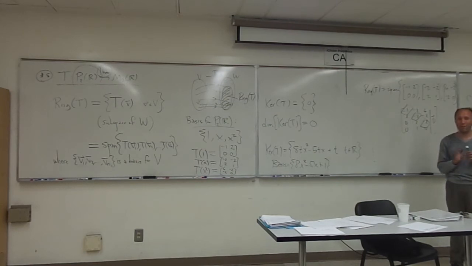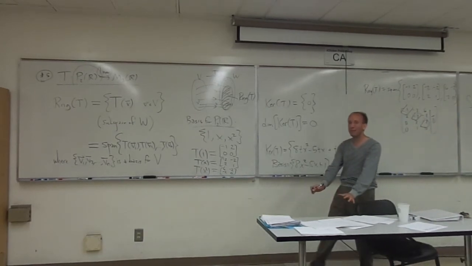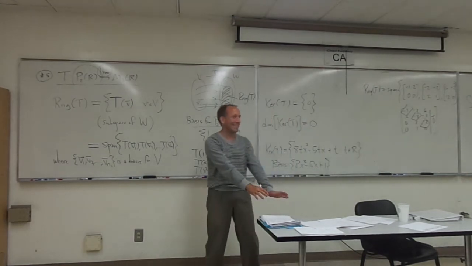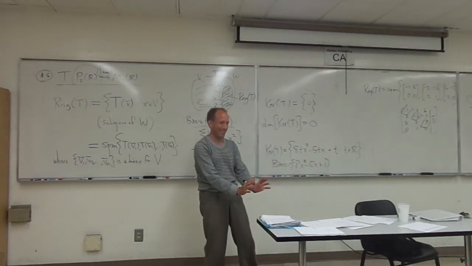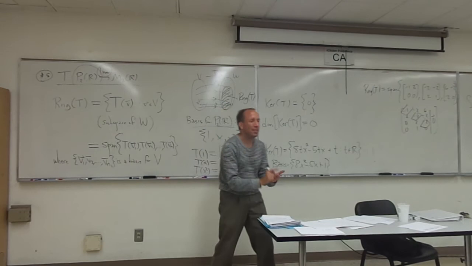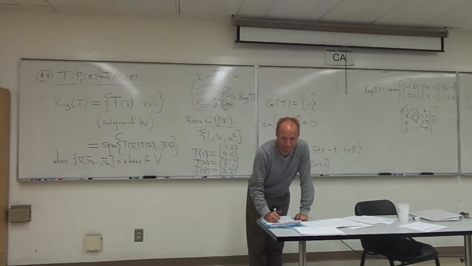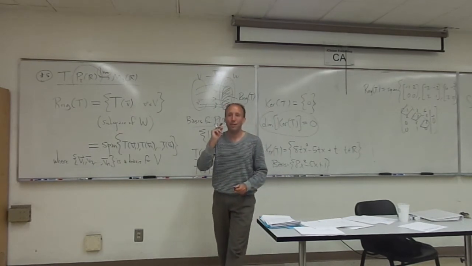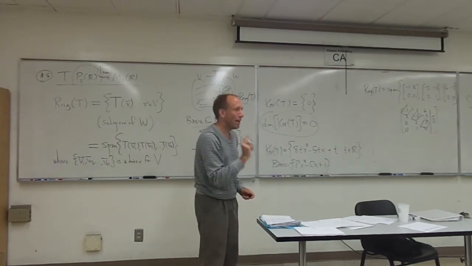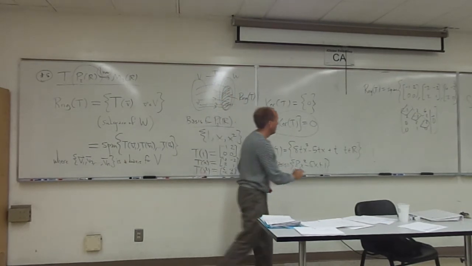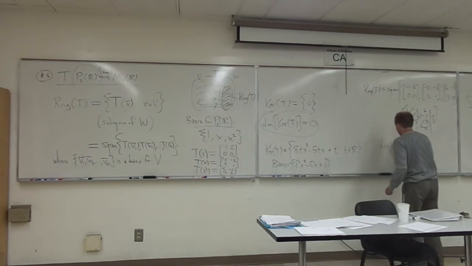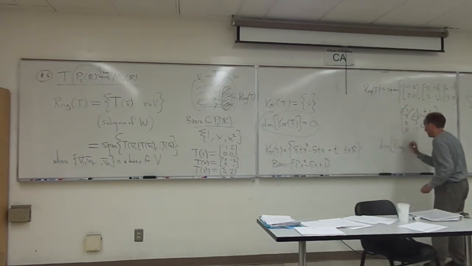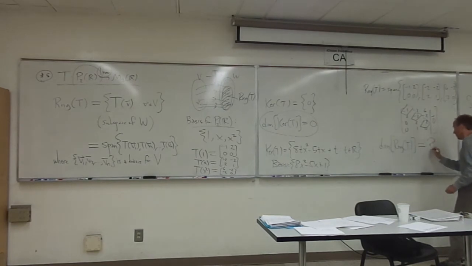Now can I tell you something really cool? Although this isn't something I'm requiring you to know, I'm just going to tell it to you anyway. Because it just is awesome. The dimension of the kernel plus the dimension of the range. Let's go back to the situation.